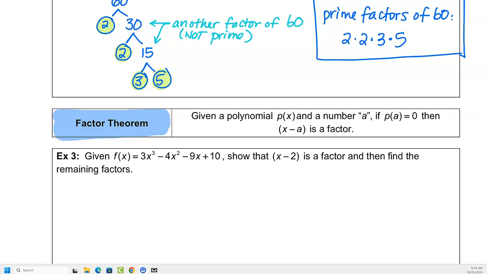So let's look at the math wording here first. It says, given a polynomial p of x and a number a, if p of a equals 0, remember now, we know that when it says this, p of a equals 0, it's the remainder equals 0, right?